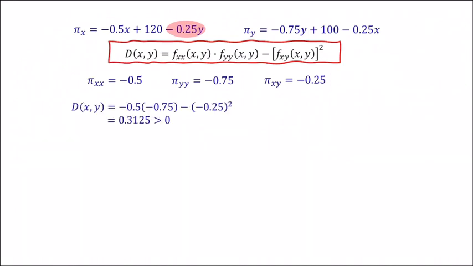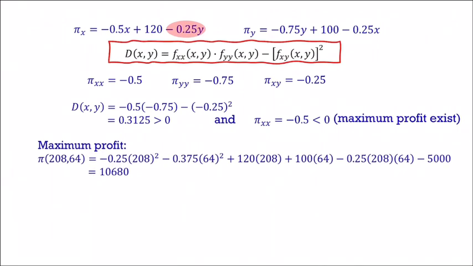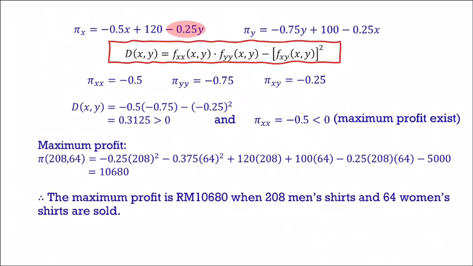Substitute all of these into the discriminant formula. Since the discriminant is greater than 0, and pi sub double X is less than 0, maximum profit exists. Now we can find the maximum profit by substituting the quantities into the profit function. Then make a conclusion.